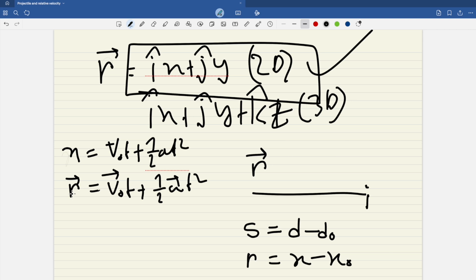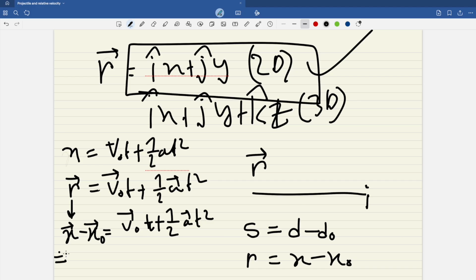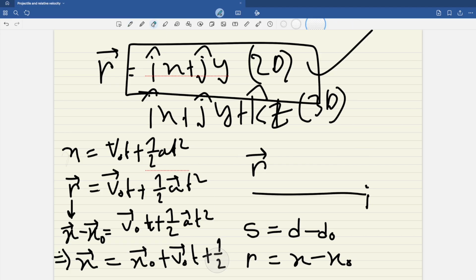If I take the magnitude out of it, this is x minus x naught, or if I keep it as a vector, v naught t plus half a vector t square, then x equals x naught plus v naught t plus half of a vector t square.